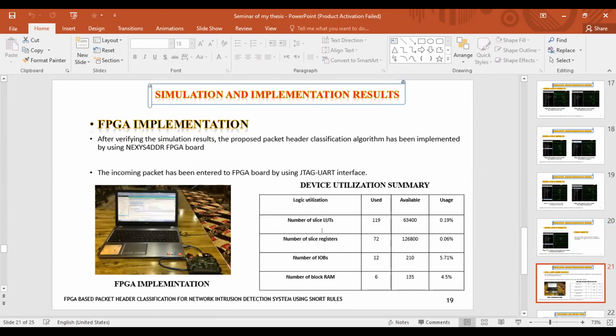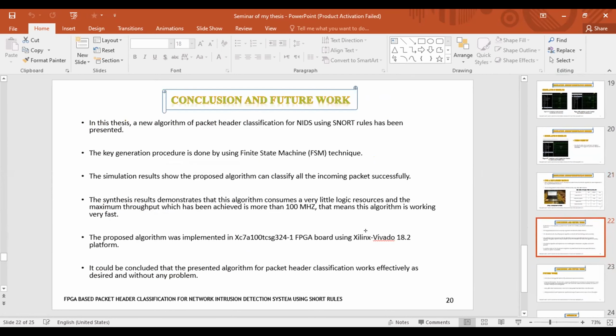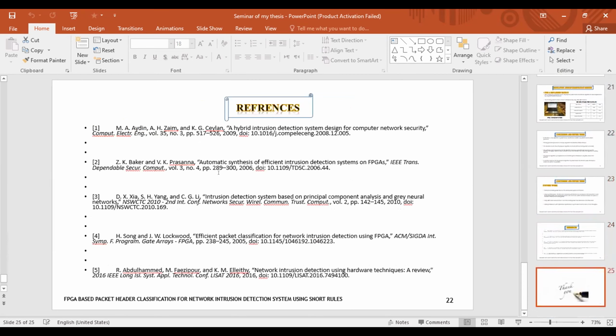And these are the computing resource utilization of the FPGA summary. And it's a conclusion in this case. A new algorithm of bucket classification is presented, and that's all.